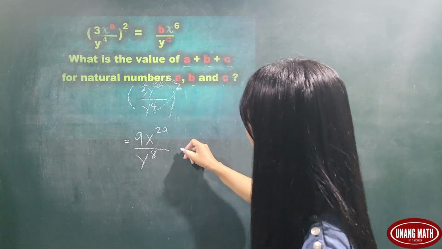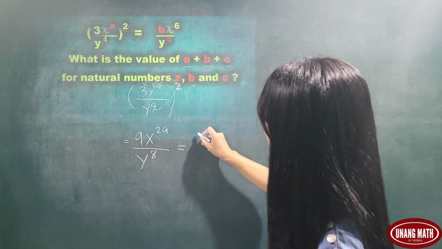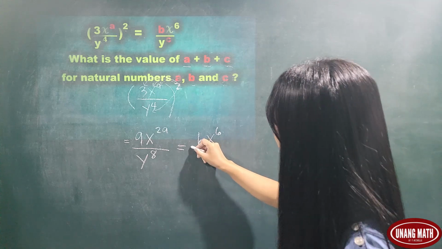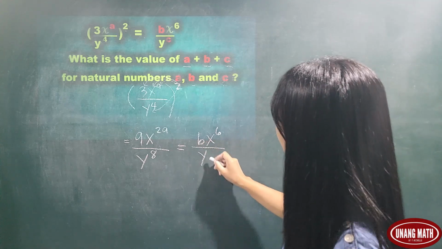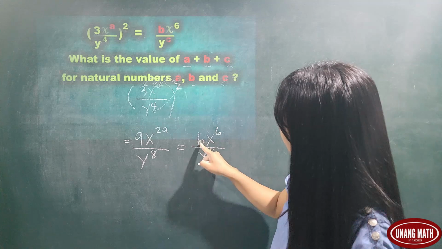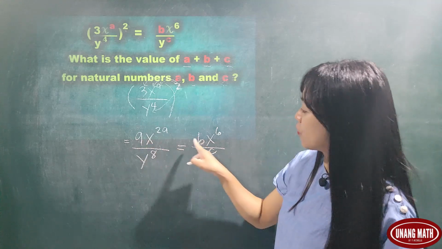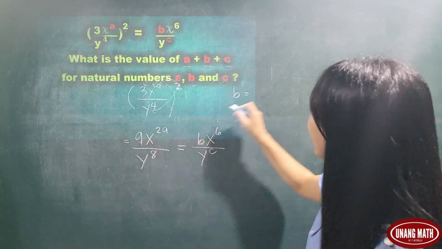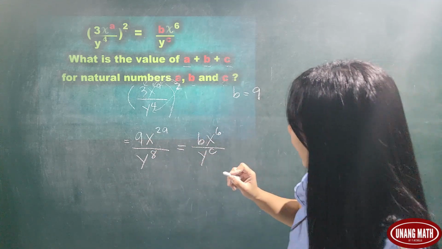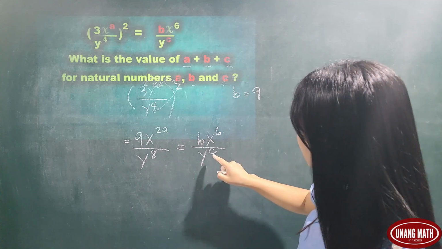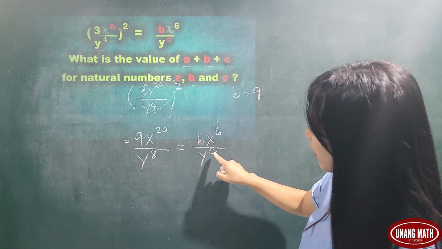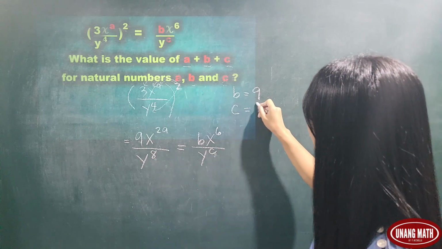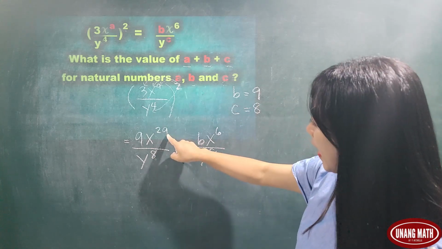Take note, this is equal to bx raised to the power of 6 over y raised to the power of c. Now we know the value of b. b is equal to 9. Now we know the value of c. c is equal to 8. What about a?